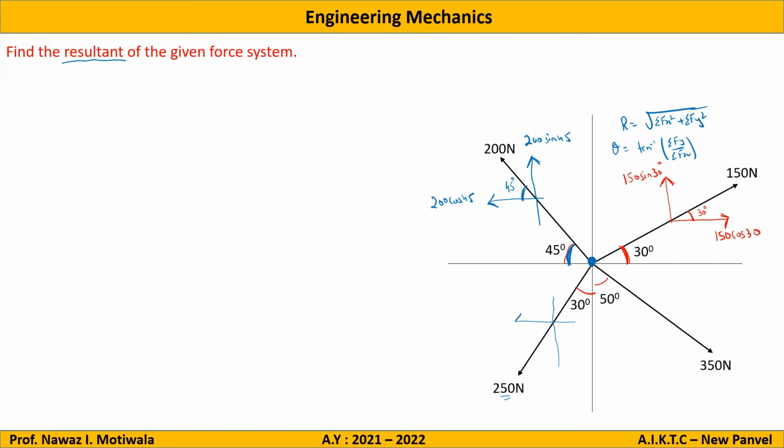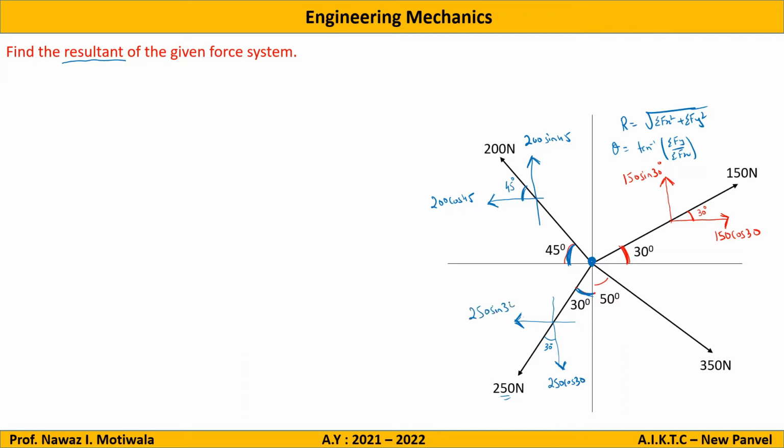So this component will go towards left side and the vertical component will go towards downside. Now the angle here it is given with respect to y axis it is 30. So here also with respect to y it will be 30. Now this 30 is adjacent to this component, hence this will be 250 cos 30 and this will be 250 sin 30.